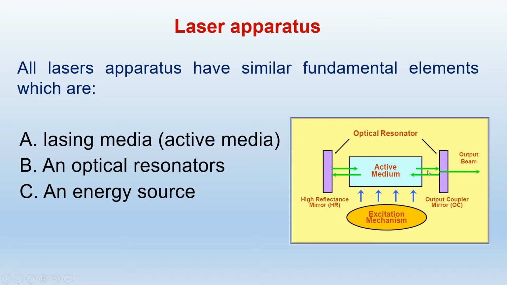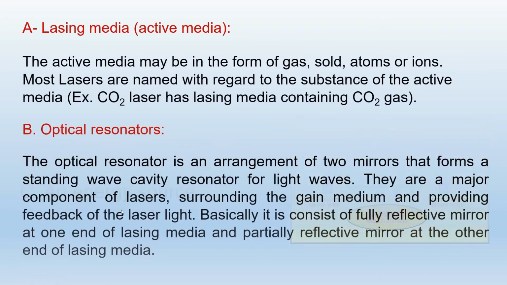These 2 mirrors make a wave cavity, which is responsible for the amplification of the light, and the partially transmitting one permits the transmission of the laser beam through it. So it is the lasing media, the optical resonators, and the energy source.